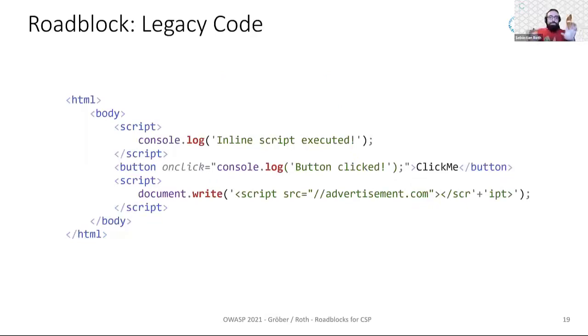Even in the small example code that you can see here, we can have multiple issues like inline scripts, inline events, or dynamically added JavaScript, such that we need to rewrite the code and propagate nonces to the programmatically added scripts, such that a proper CSP can do its job.